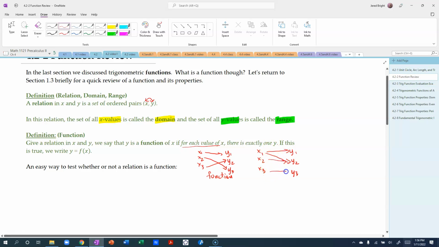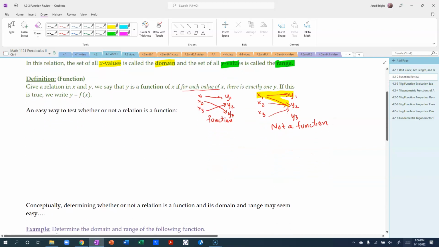We could have all x's going to y2, for example. That is okay, but where we run into trouble is a single x going to two different y values. This indicates that this is not a function. Not a function.